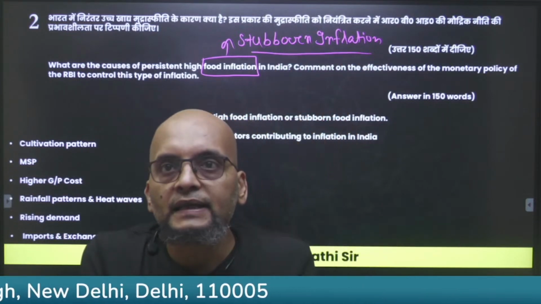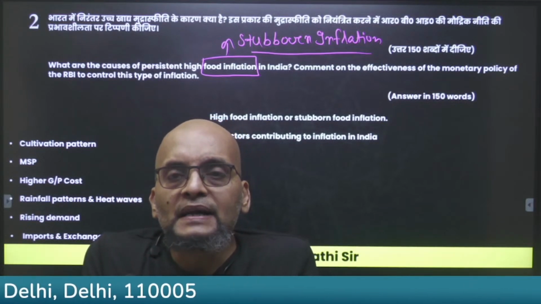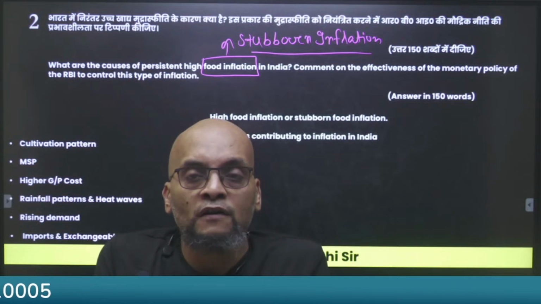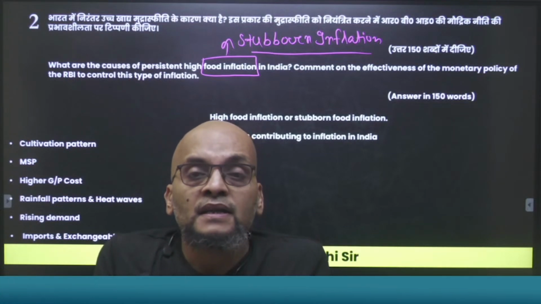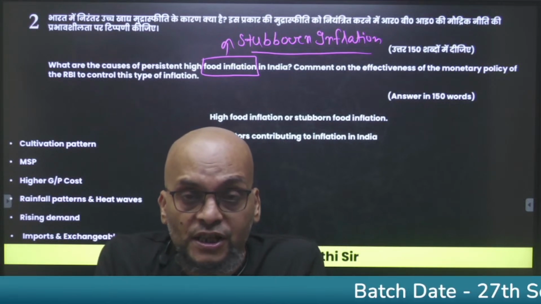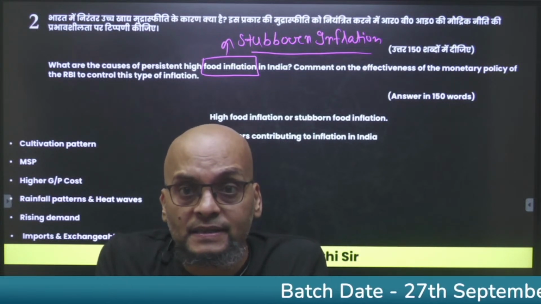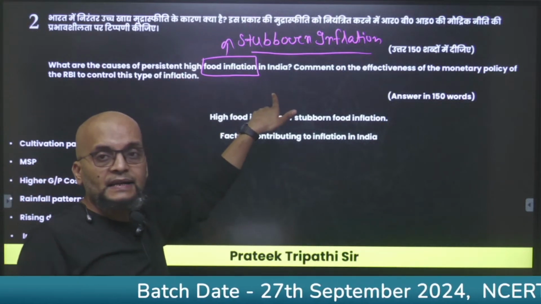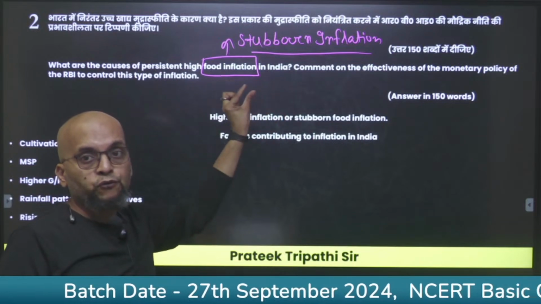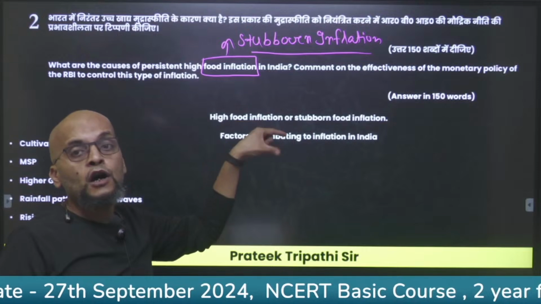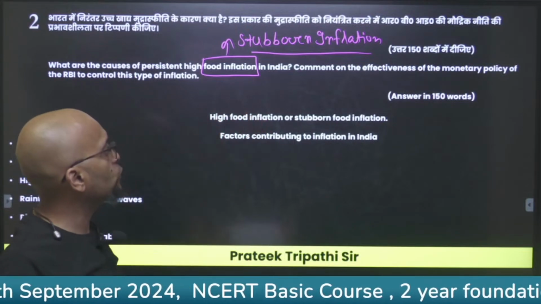The reason being that no matter what steps government takes or schemes government makes, the inflation in food persists. And that's what the question is: why is it persisting? What are the causes of persistent high food inflation, that is, why is this inflation still existing despite the several steps taken by the government?